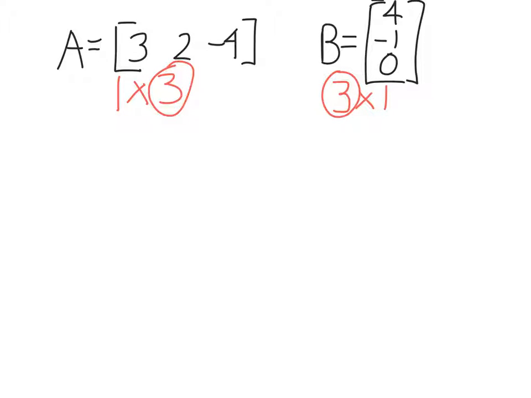You can multiply a row matrix by a column matrix as long as both of them have the same number of elements. See how both of these have 3 elements? I will be able to multiply them together. When I write down the sizes, I told you before that these two numbers must be equal, otherwise you can't do the multiplication.